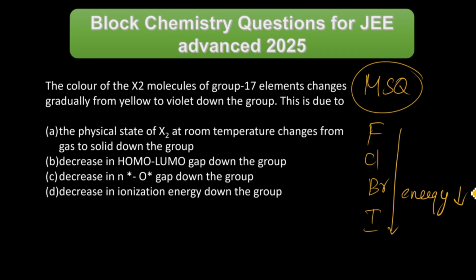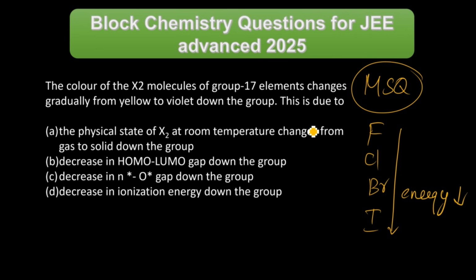Okay, so if I am considering HOMO-LUMO, highest occupied and lowest unoccupied, the HOMO-LUMO gap decreases down the group, and this makes pi to sigma star excitation easier. Right. So if the energy gap is lesser, what will happen? It can easily undergo excitation, right? So the wavelength of the light absorbed is longer, and hence the energy is getting decreased down the group.